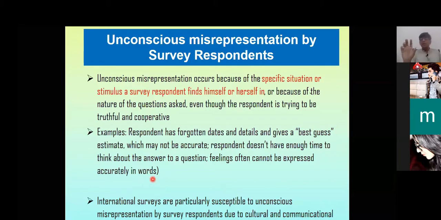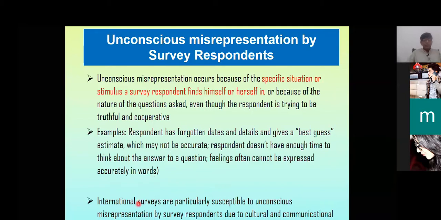If we are showing this type of movie clip to the respondent and I ask some questions, because of the feelings the respondent may not be able to express. The clip is highly sorrowful, the people feel sorrow, and because of that they may not be able to express their feelings.